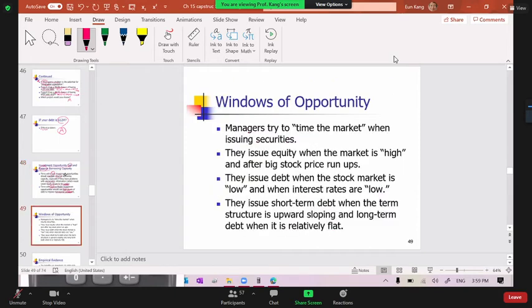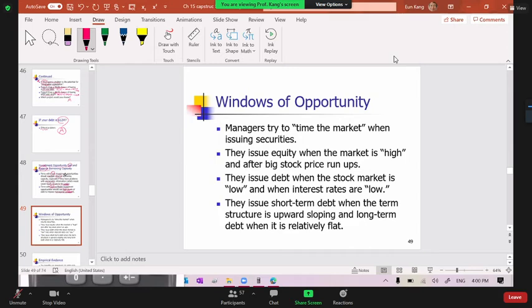And then windows of opportunity. That is rather than theory, more like some kind of attempt to explain real life.